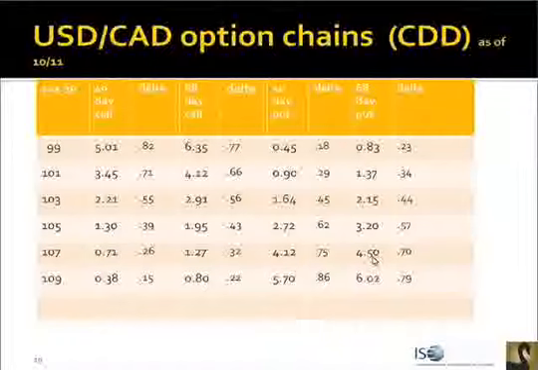And these are just some of the listed prices in the Canadian dollar. On the left side there, you see the various strike prices that are available in the Canadian dollar: 99, 101, 103, 105. And in this case, as you can see, the further away you get from the current price on these Canadian dollar in this particular option chain, the cheaper the option becomes.